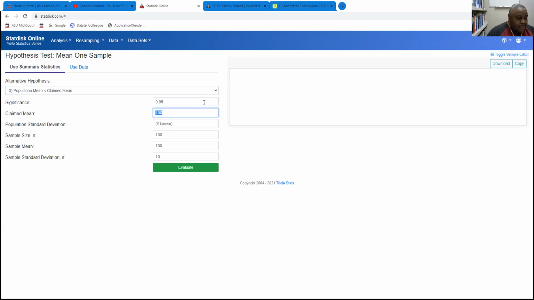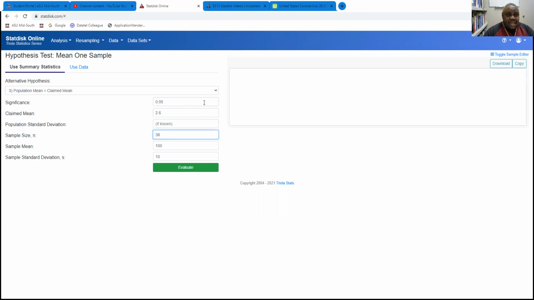All right, go to the claimed mean. We were told we're testing the claim that the sample is from a population with a mean weight less than 2.6 grams. So 2.6 would be your claimed mean. The population standard deviation is left blank because we will never know what the population standard deviation is. The sample size in this case is 38 coins.